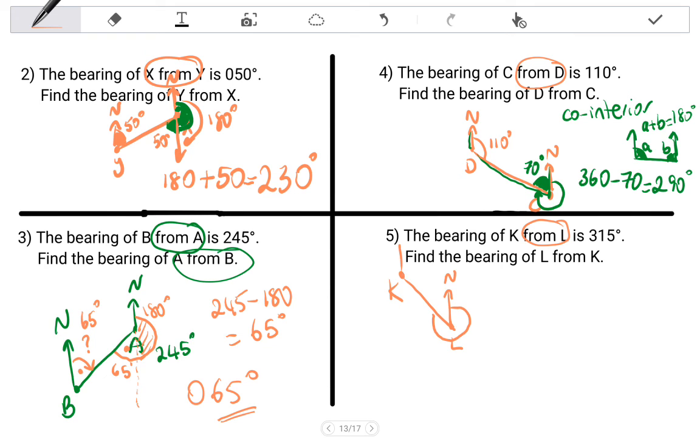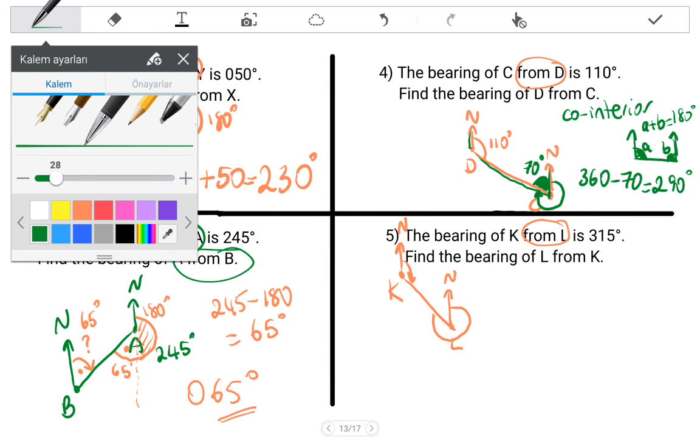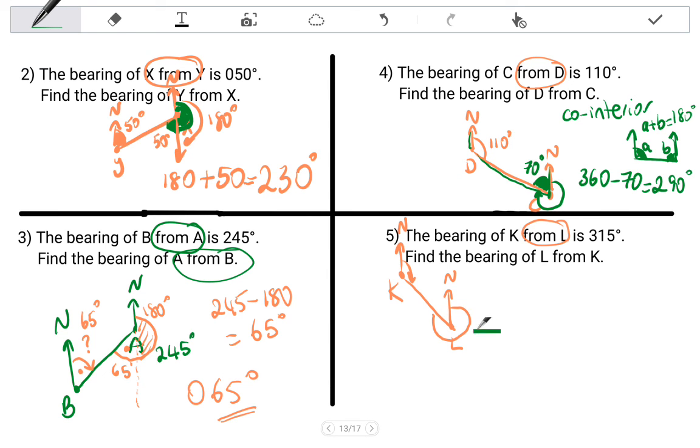Then I put north of K, and the wanted angle, the bearing of L from K, is the angle here. To get this angle, this is 315, I will use the co-interior property. So I will find this acute angle first, by subtracting 315 from 360, because the full turn is 360.